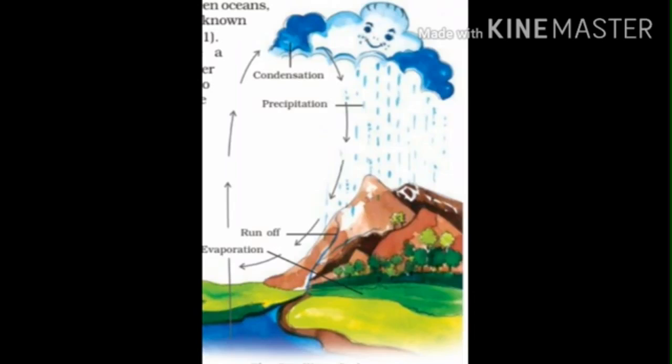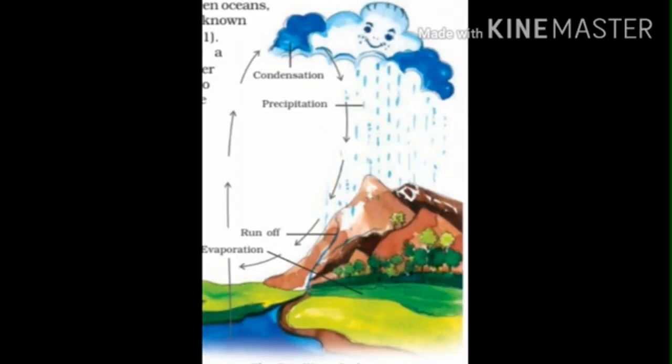These are the three main processes of the water cycle. What are they? First one is evaporation, second one is condensation, third one is precipitation. What is meant by evaporation? Due to the intense heat, the water on the earth's surface is converted into vapor. This process is called evaporation.